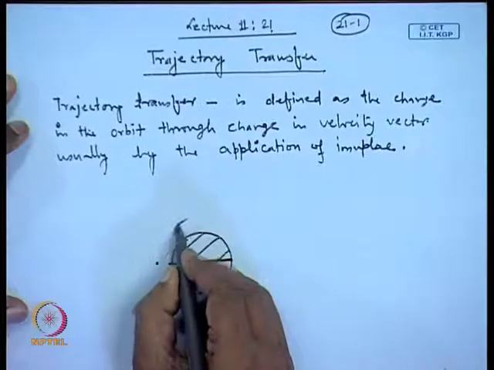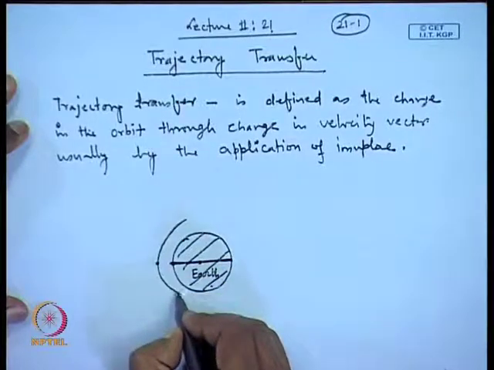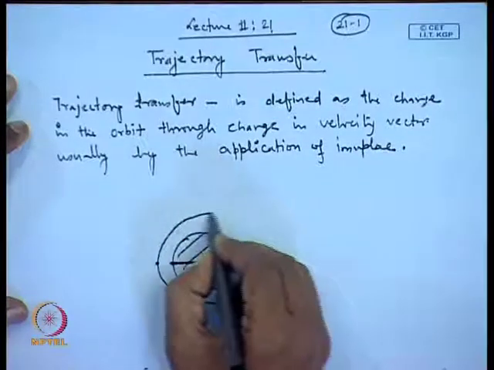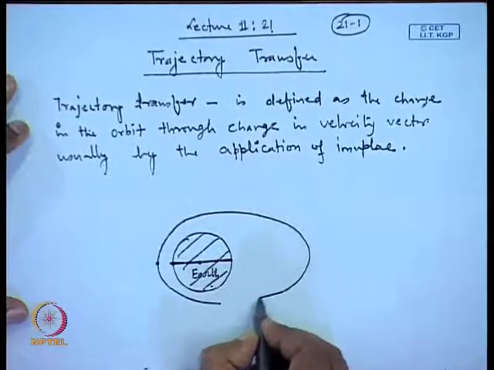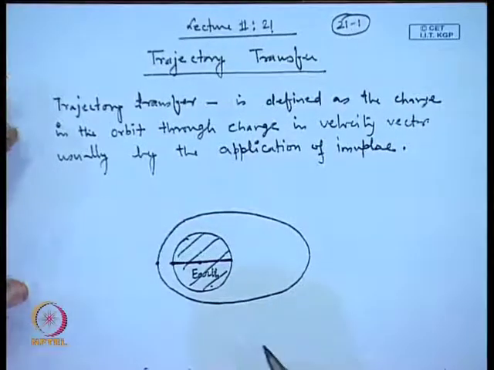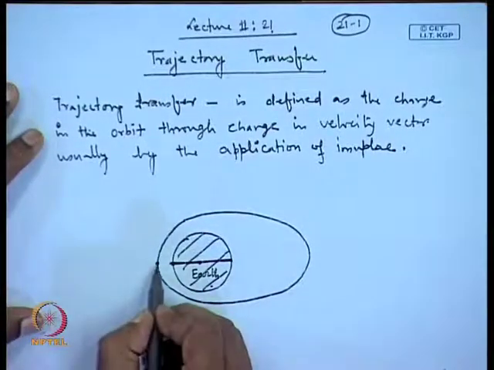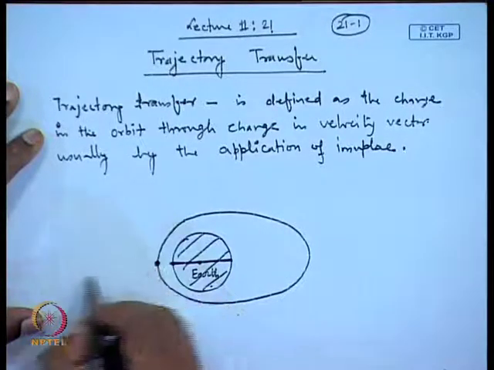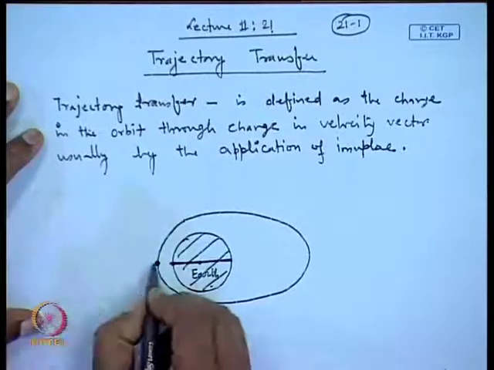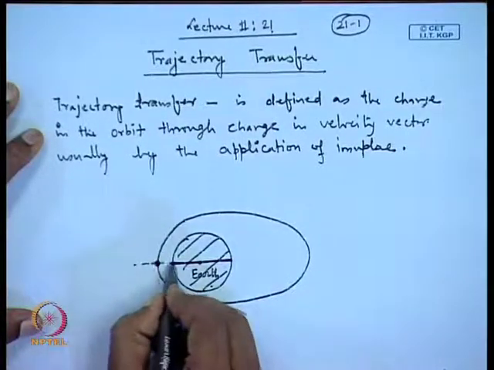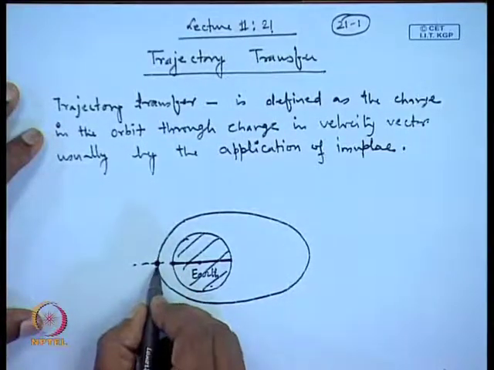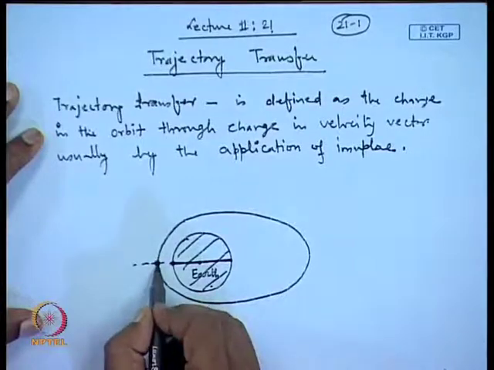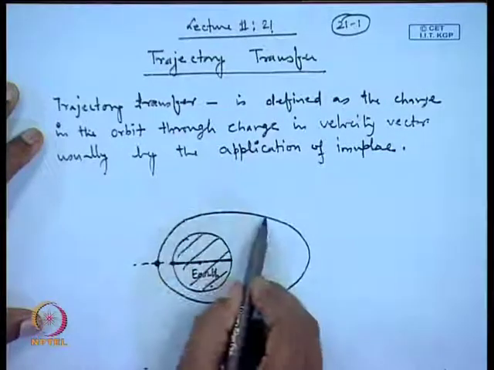So, this is what the orbit of the satellite looks like at the present moment. Satellite is often injected at a low altitude. Say this satellite has been injected at the perigee position. So, why at low altitude?